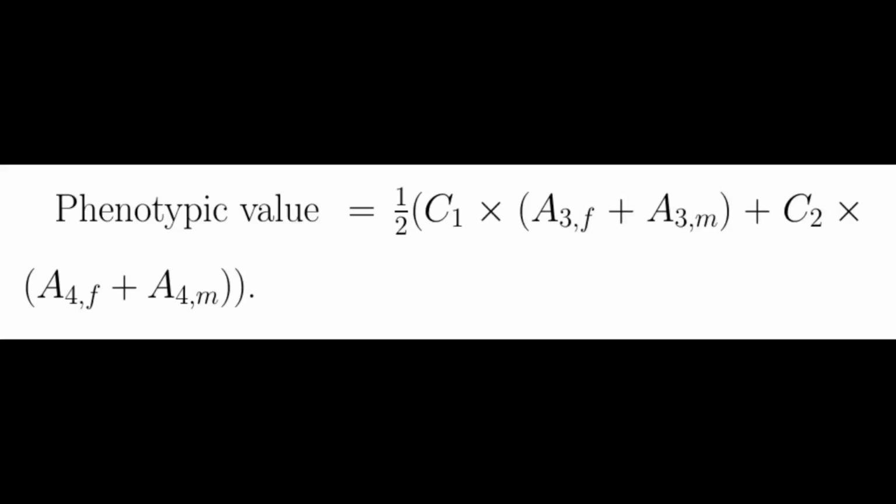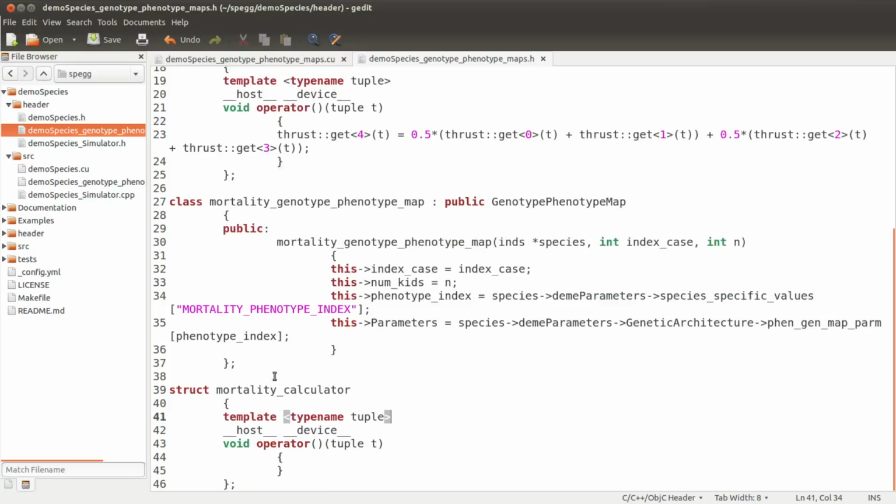Here's where the second type of input to our functors comes in. Occasionally, we might want to specify arguments when we construct our functor that are not represented by tuples. I'll refer you to the SPEGG documentation for other reasons why this might be. So we'll need to create references to these other input arguments inside our functor structure.